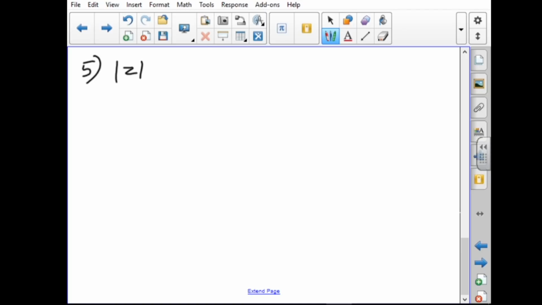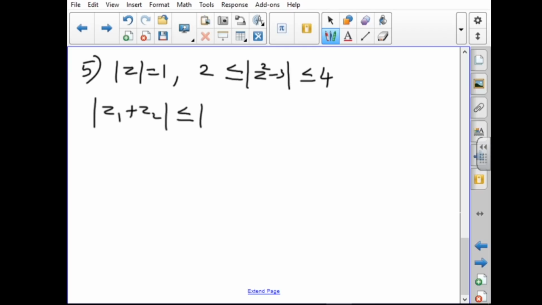Given modulus of Z is equal to 1, we have to show that 2 is less than or equal to modulus of Z square minus 3, which is less than or equal to 4. Here also, similarly, the same result: modulus of Z1 plus Z2 is less than or equal to modulus of Z1 plus modulus of Z2. So, you consider modulus of Z square minus 3 as modulus of Z square plus minus 3.